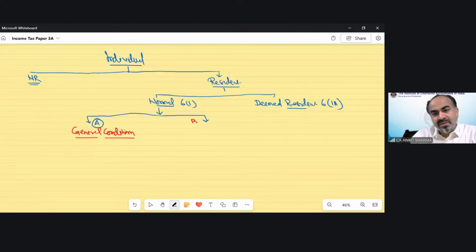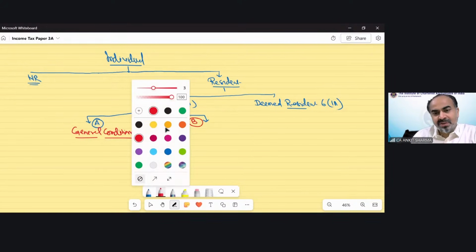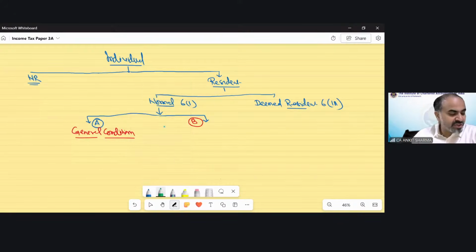And there are some special conditions also. There are some individuals who can fall in these special conditions, which have been categorized in B.